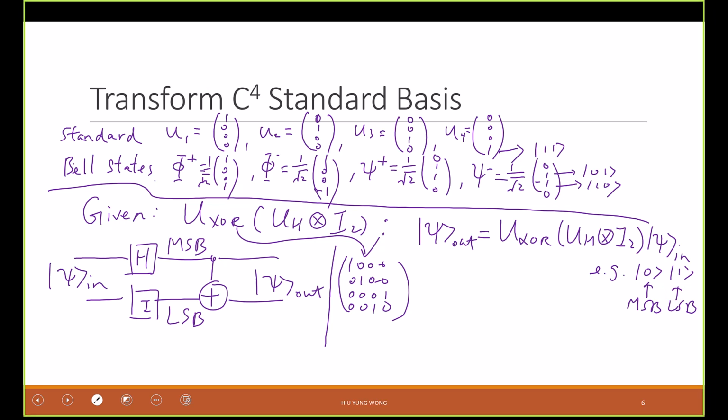It's a rule. Otherwise, if you say you want to put I2 to this, UH to this, then it's your own rule. That's okay, but it's going to be very messy. The rule in the community is to follow the order. There's no reason why we want to swap it.